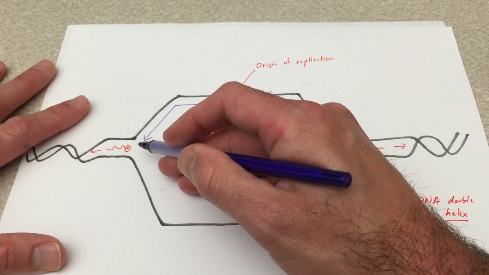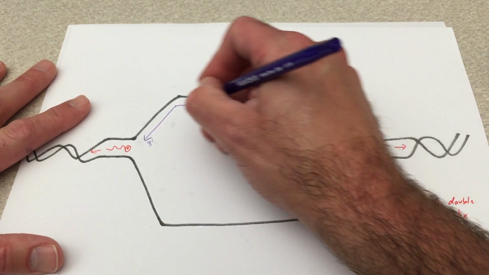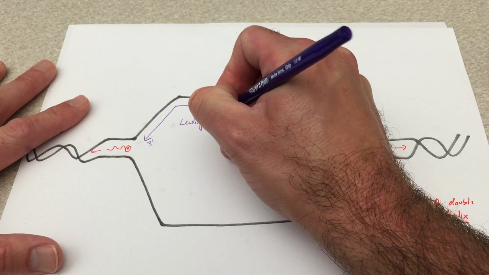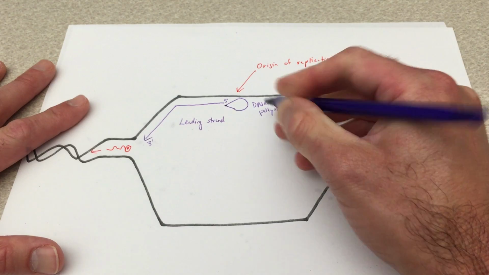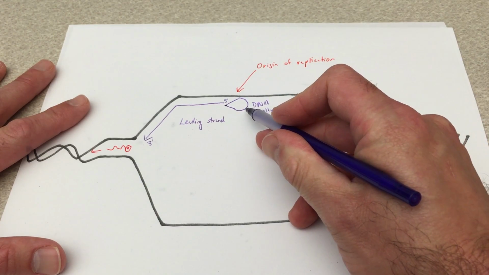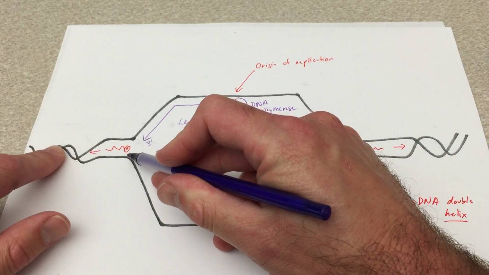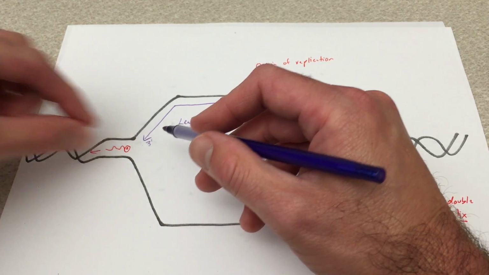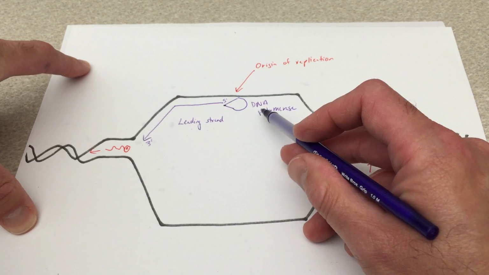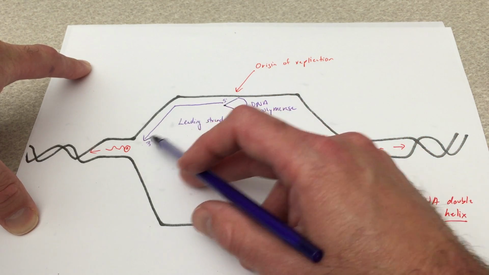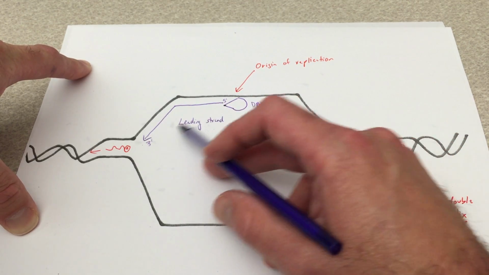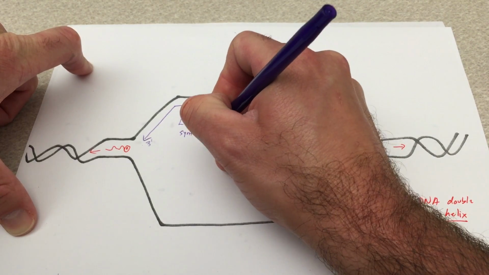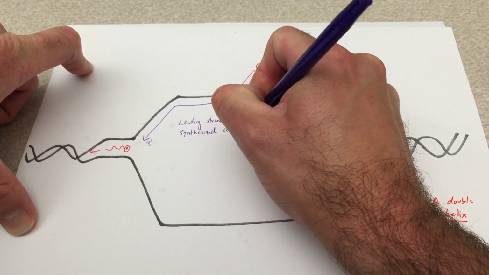So going into the replication fork, this new strand is referred to as the leading strand. And all DNA polymerase has to do is just follow DNA helicase, and as long as DNA helicase is opening up more double-stranded DNA, DNA polymerase can follow in its wake to make the leading strand, which is synthesized continuously.